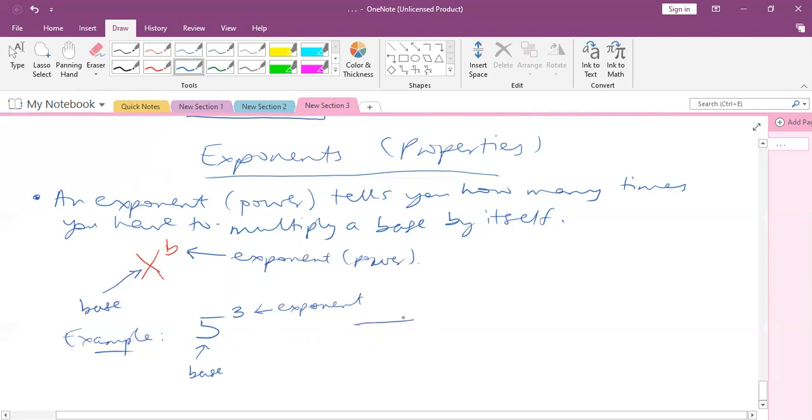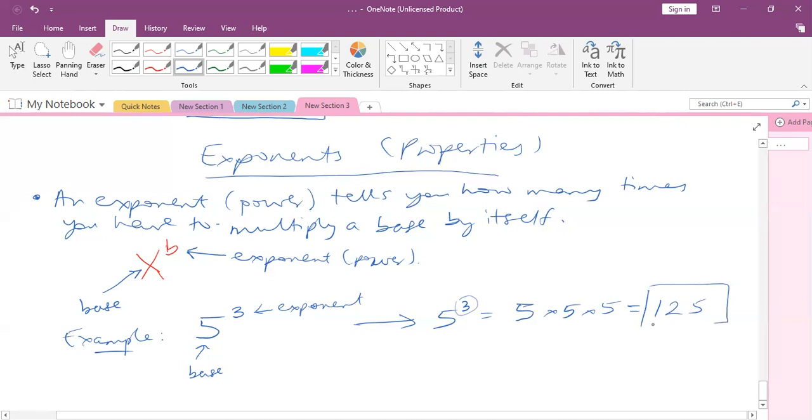This means that 5 raised to the power 3 means take the base, which is a 5, and multiply itself 3 times, because the exponent is 3. The exponent tells you how many times you multiply the base. So I multiply 5 by itself 3 times.